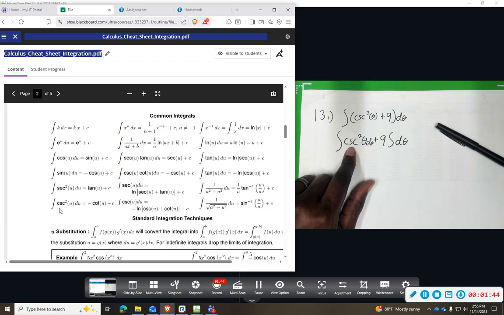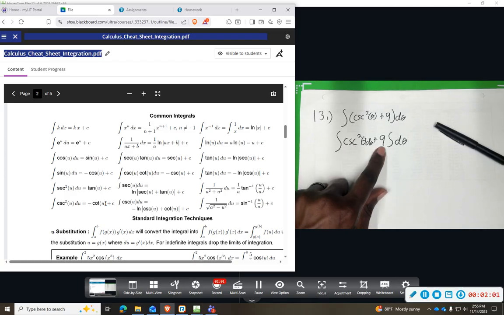Okay, so we have cosecant squared. The derivative of cotangent is negative cosecant squared, so the antiderivative of cosecant squared is negative cotangent, and then you can see a plus c. And the antiderivative of 9 with our algebraic function would just be 9 theta.